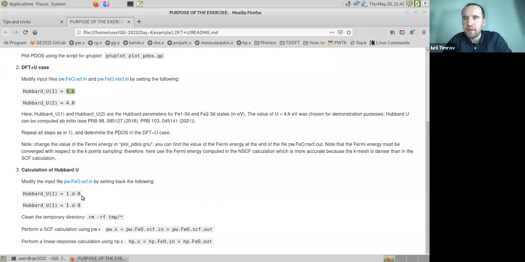I don't know what you obtained. What we do next, we use this updated value of U and plug it in again in the SCF calculation. So we redo the DFT plus U ground state calculation and recompute U again. We do this so-called self-consistency loop until Hubbard U does not change. This way, we obtain the self-consistent value of the Hubbard U parameter.